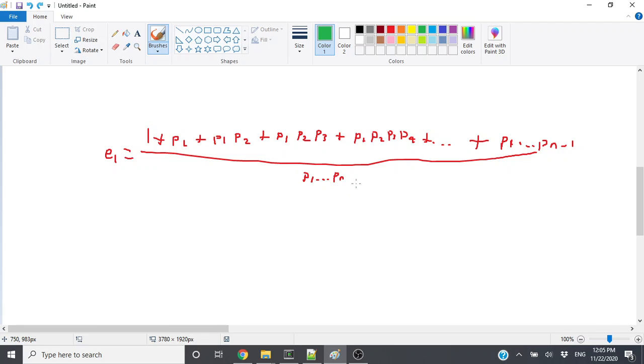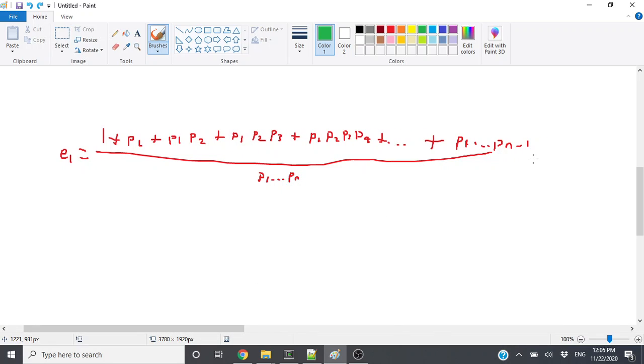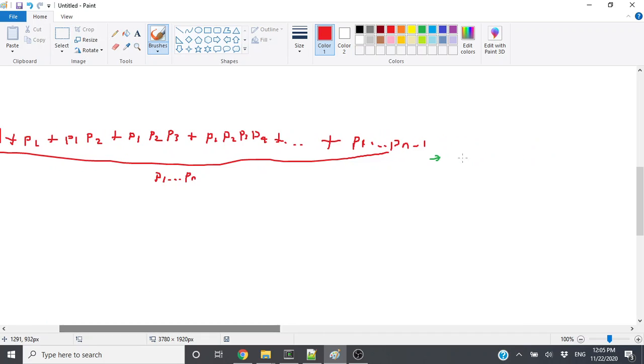So when we stick a new element on, we add on p1 dot dot dot p_n to this, and the denominator becomes p1 dot dot dot p_(n+1).